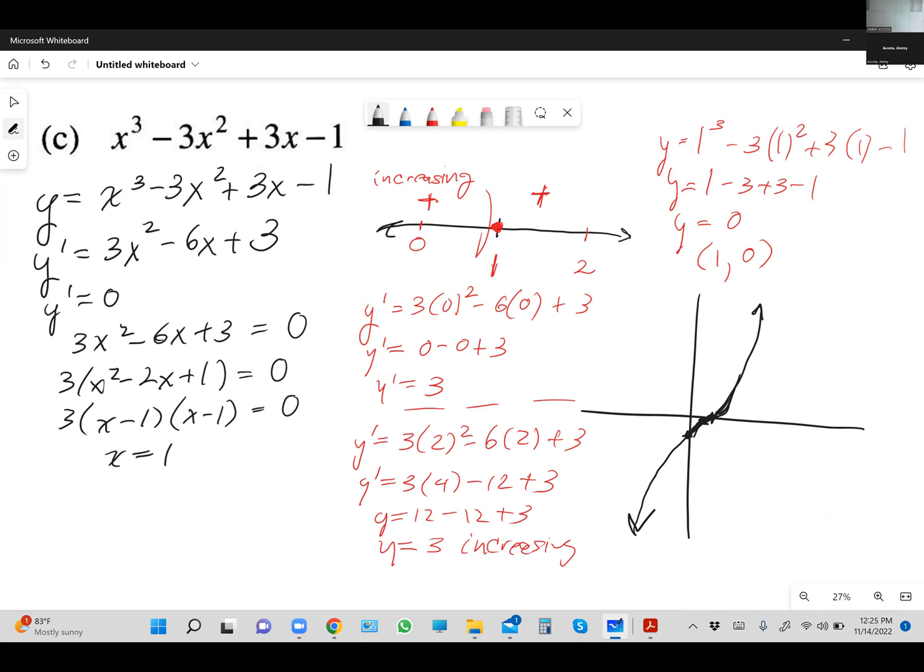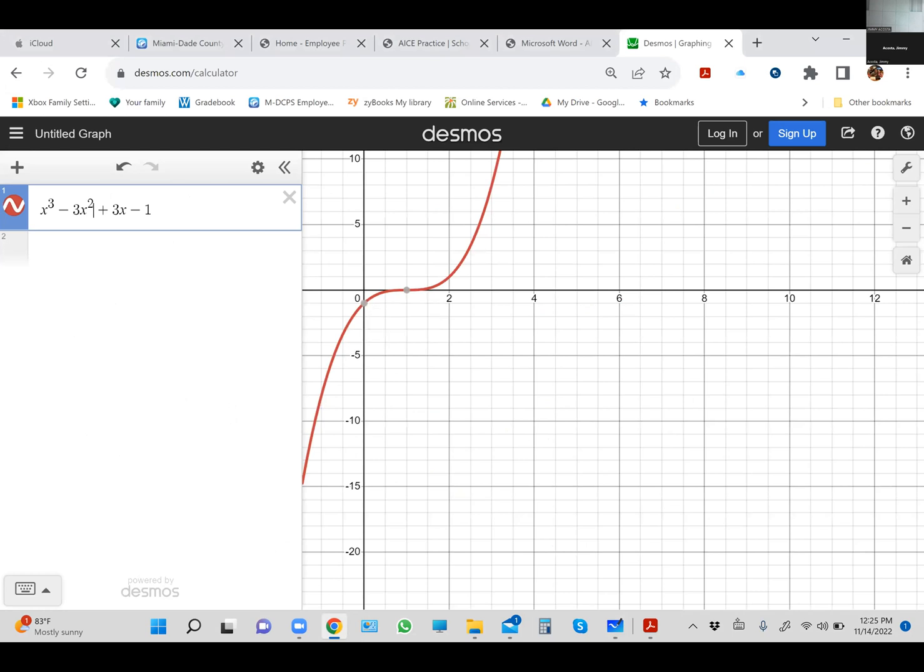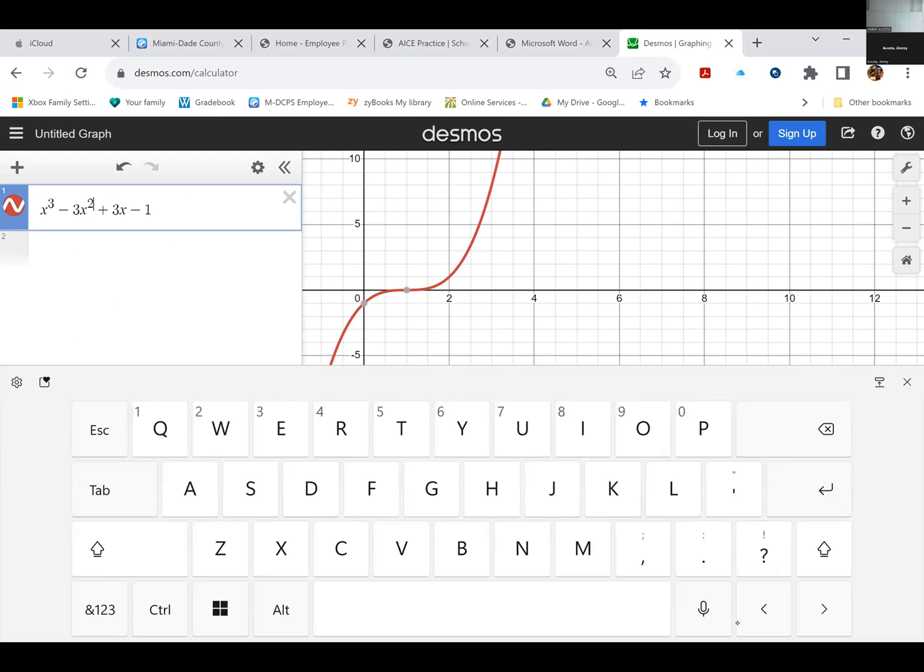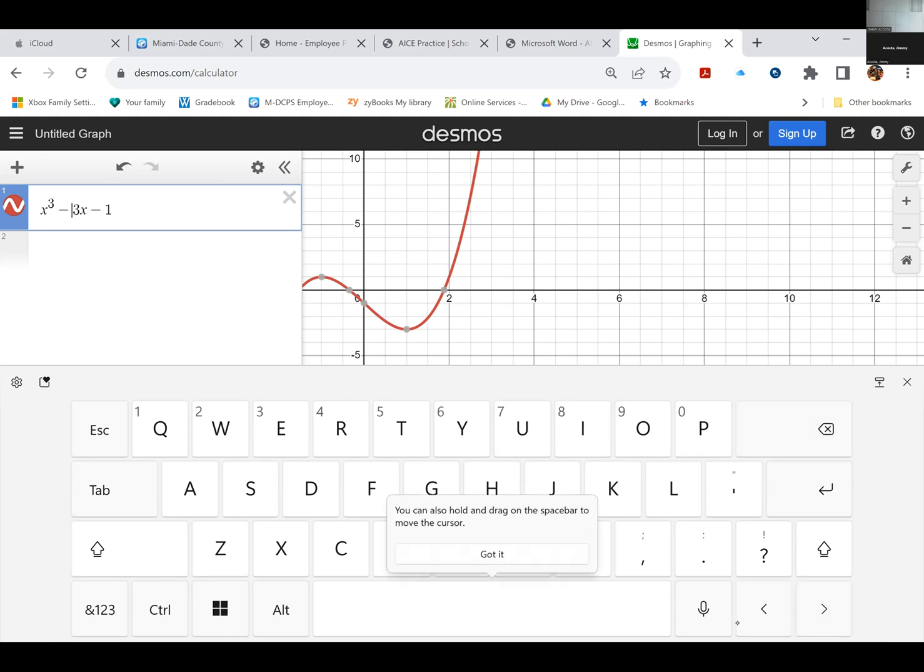Now, let me show you something. I think it's interesting. So let's say I'm going to change something from this function. Let's just make it a little bit more interesting. Now, you can say, Mister, you already saw how it looked. It doesn't matter.